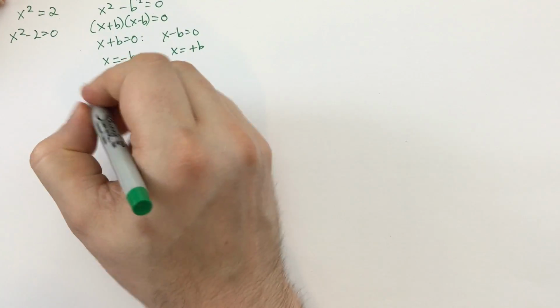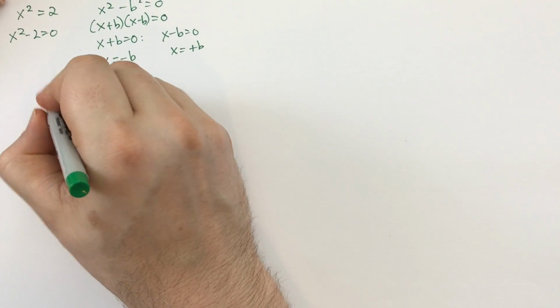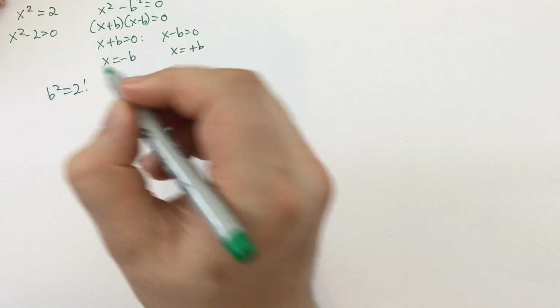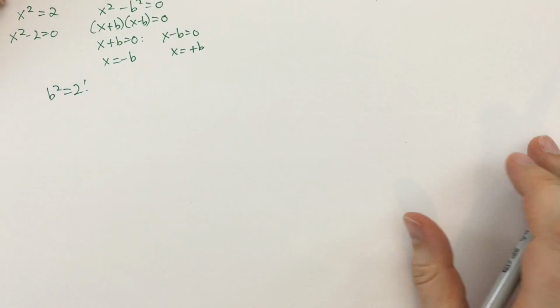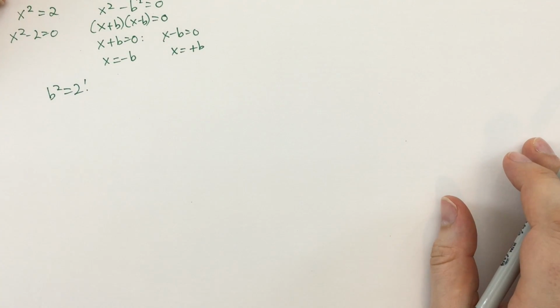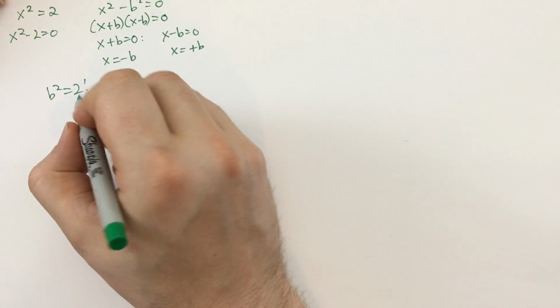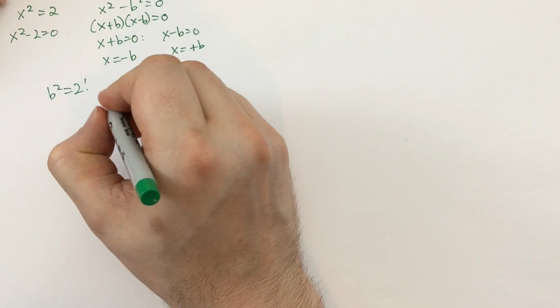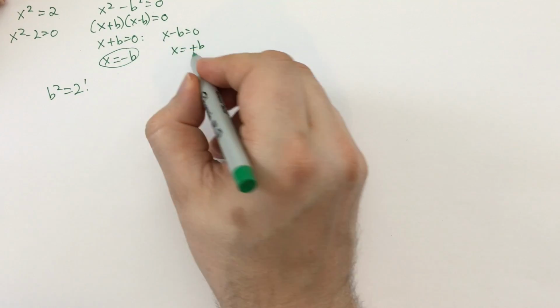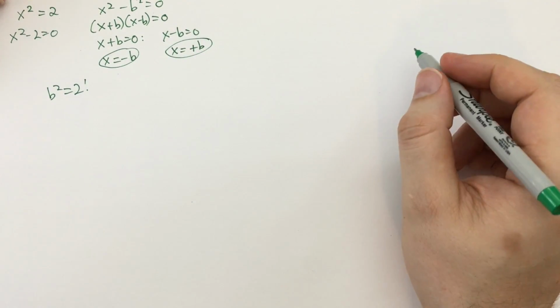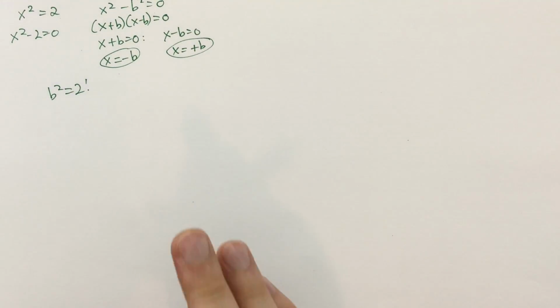So we have b squared is equal to 2 as well. So x squared is equal to 2 and b squared is equal to 2, right? So that says that x has to be minus b or x has to be plus b. So we have 2 possible solutions.